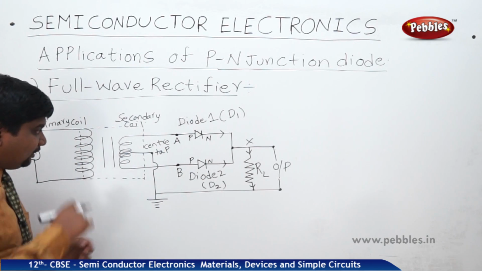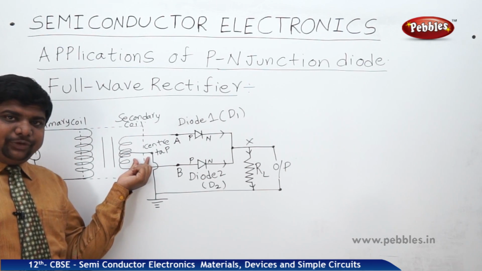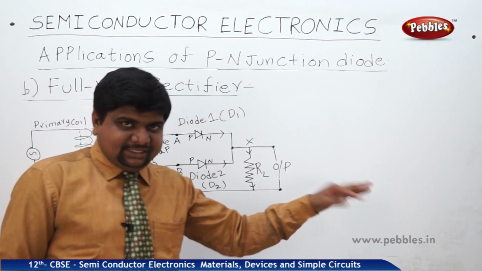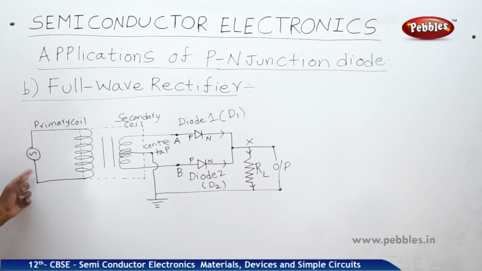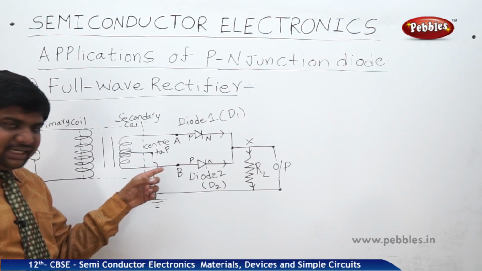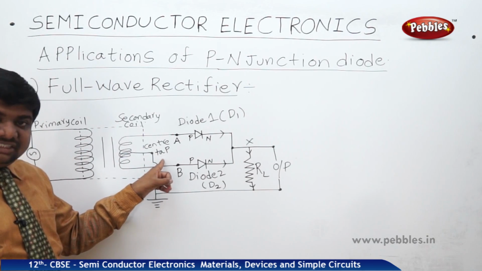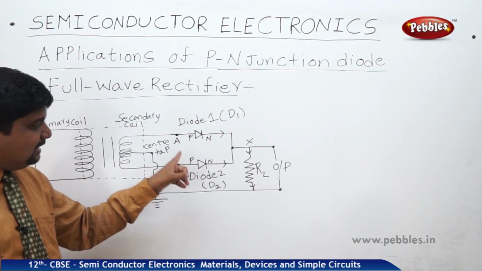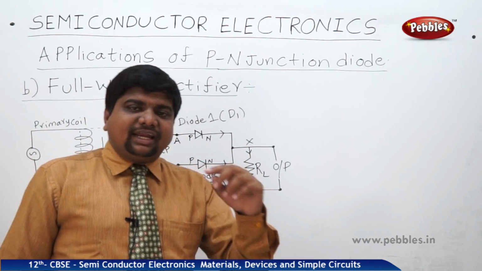This center tapping is provided to divide the phases into positive and negative. The primary coil is connected to the AC source, and through induction the current is shifted to the secondary coil. Both diodes will convert the AC to DC through rectification.